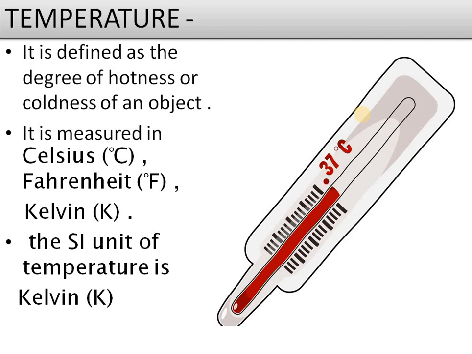So why are we using a thermometer? The basic reason is that it gives us the approximate value of our body's temperature. By hand you cannot judge that it is 38 degrees Celsius or 40 degrees Celsius. You require one specific device, and that device is called a thermometer.